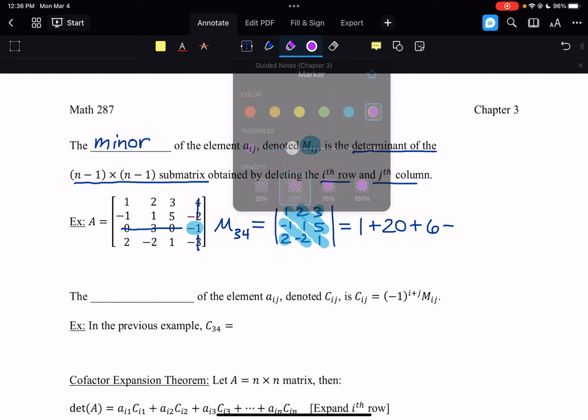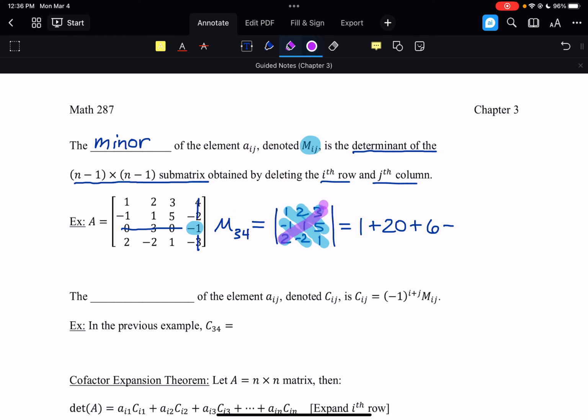Minus 2 times 1 times 3 is 6. Minus negative 2 times 5 times, it continues up here if we put that over here. So that's negative 10. So minus negative 10 is plus 10.